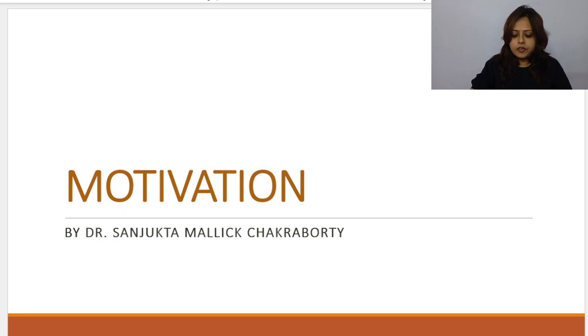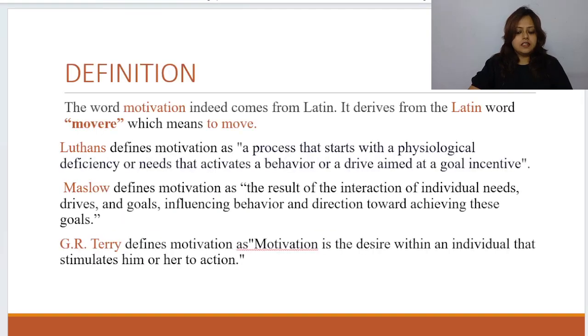So, for that, let me tell you that this particular term motivation has come from a Latin word called mover, which means to move. So now you may have a question in your mind: how can this term motivation, which in Latin means to move, be related to the concept?